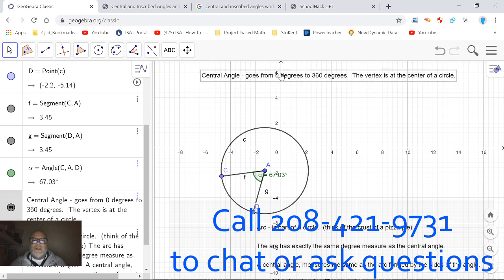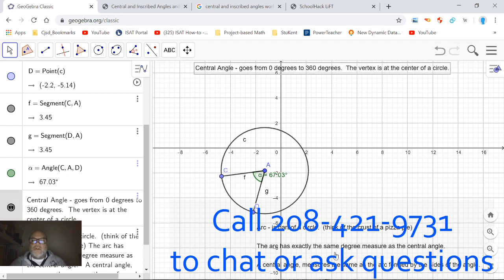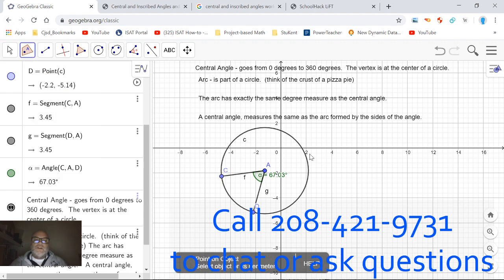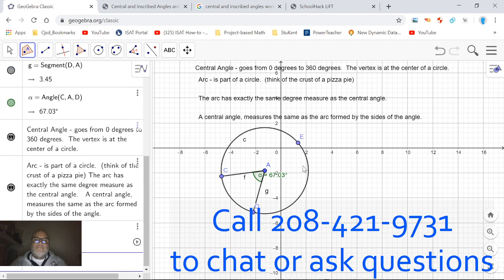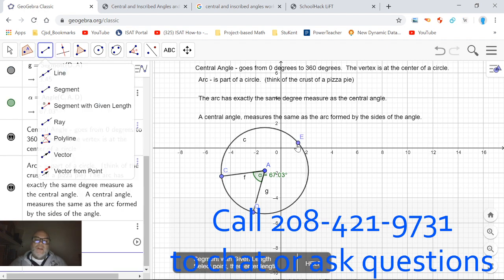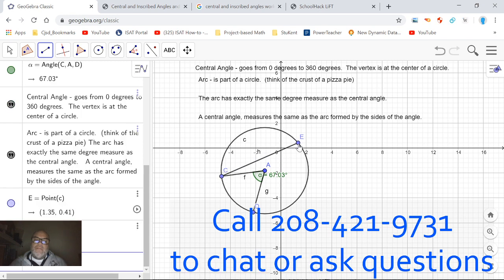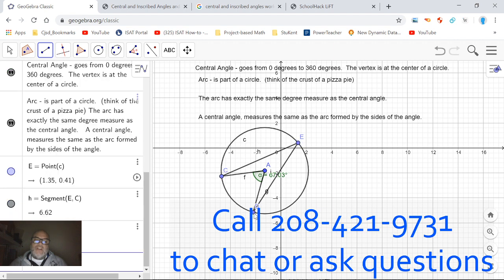I think that's where we start the understanding for this skill here. The next thing is to think about what's called an inscribed angle. So I'm going to place another point on here and show you what an inscribed angle looks like. An inscribed angle is an angle where the vertex is not at the center, but the vertex is on the circle.